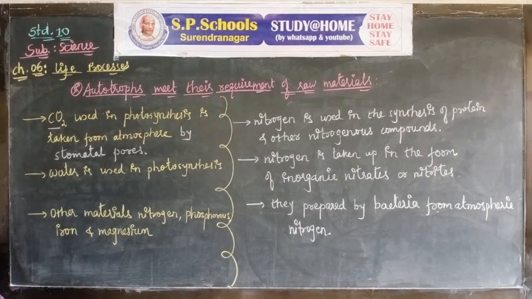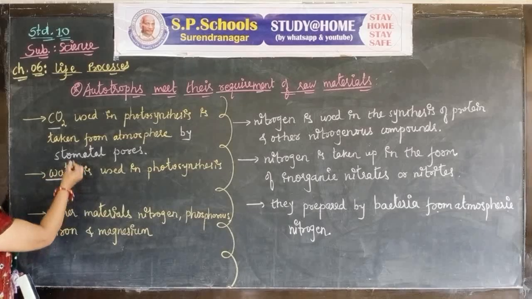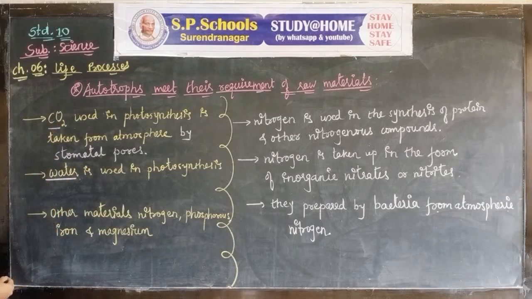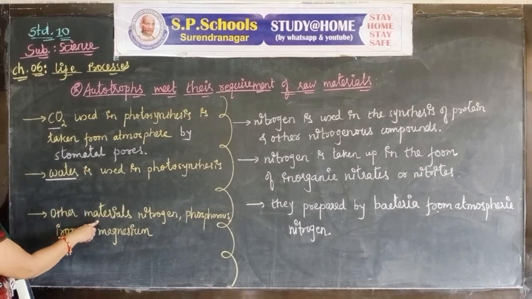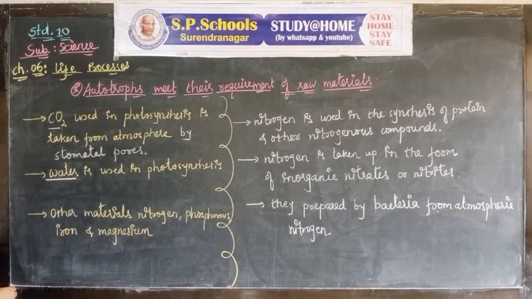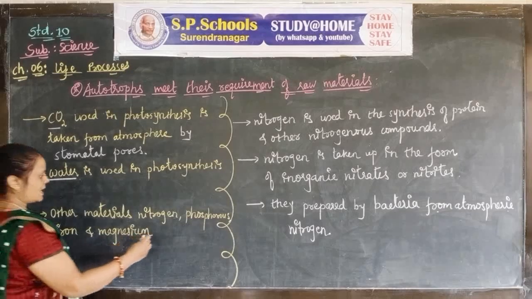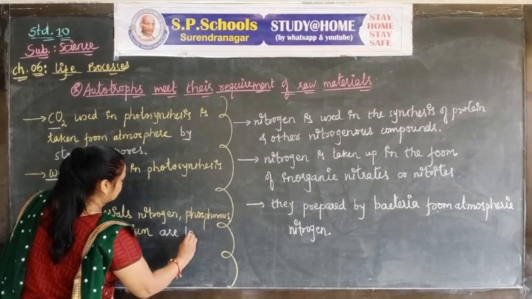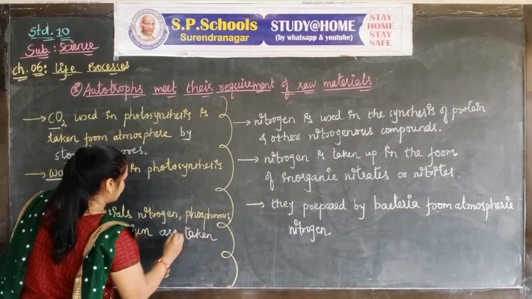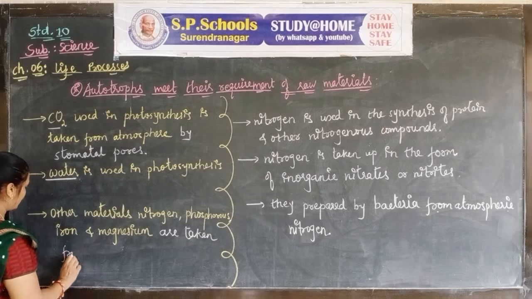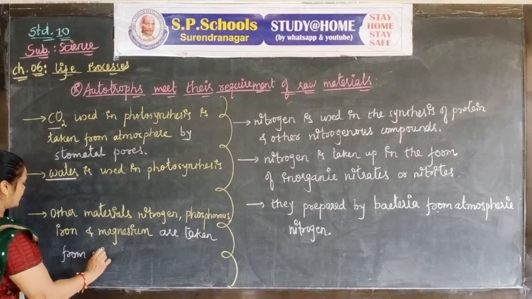Water is used in photosynthesis, and with water and carbon dioxide, they prepare their own food. Other raw materials like nitrogen, phosphorus, iron and magnesium are taken from soil.